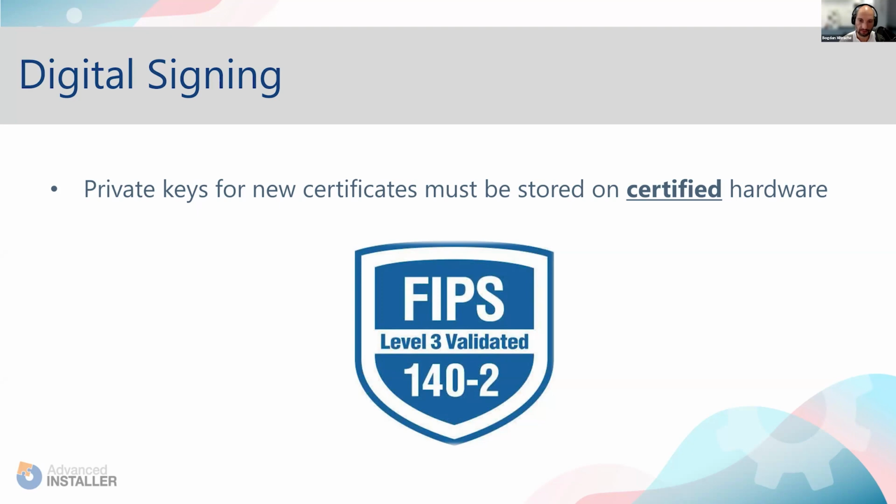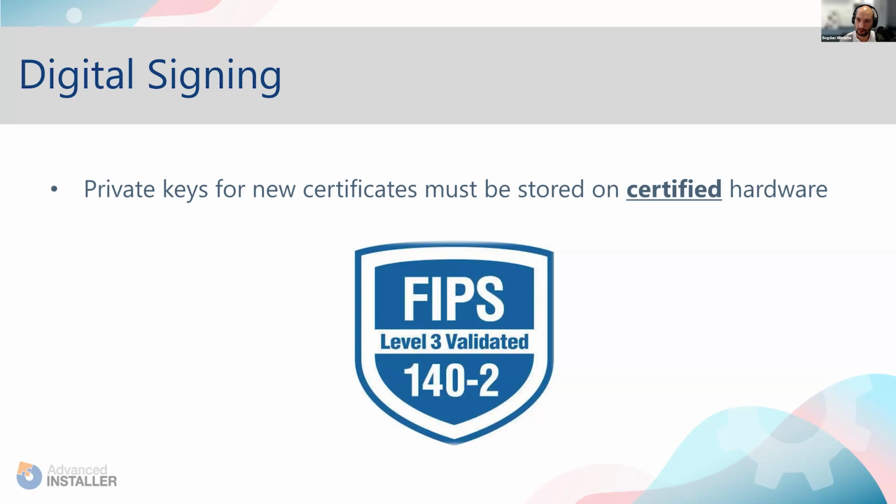That's FIPS level 3 140-2. So for that, you need to either use a USB flash drive, a cloud storage solution like the one that Microsoft is providing in Azure Trusted Signing, or the guys from DigiCert provide with DigiCert KeyLocker.